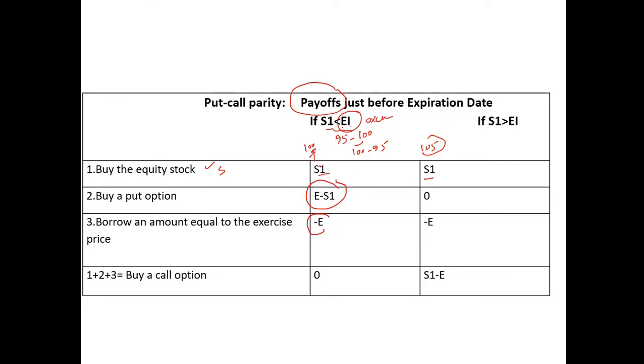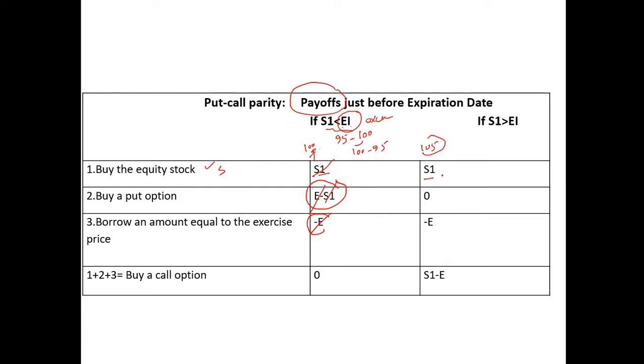Now you see that in this condition, the value of the call option will be 0. Naturally, if the stock price is lower than the exercise price, the value of the call option will be 0.